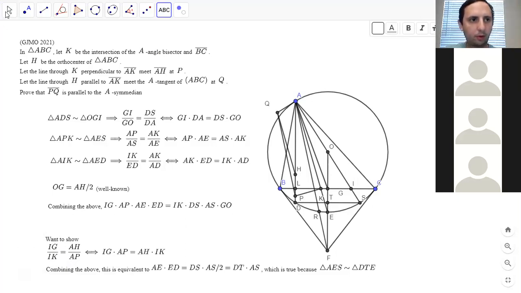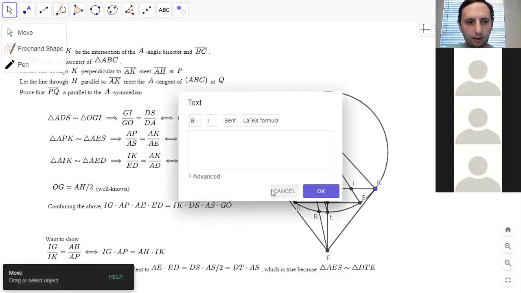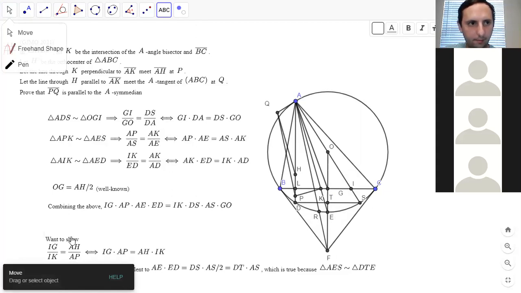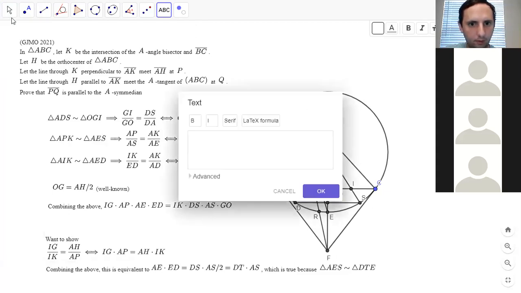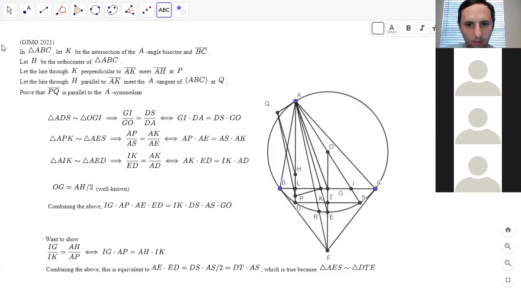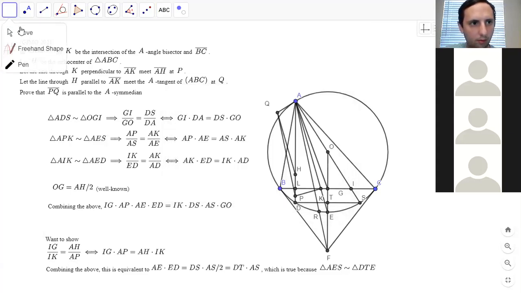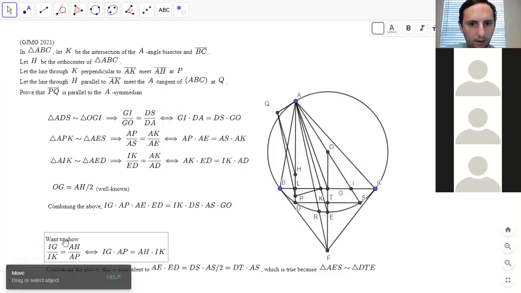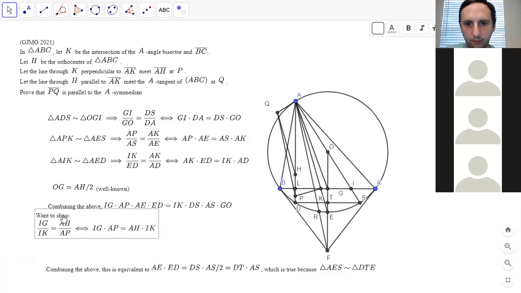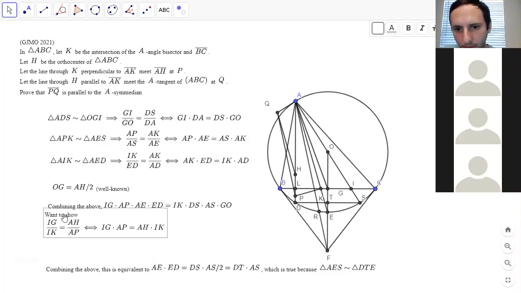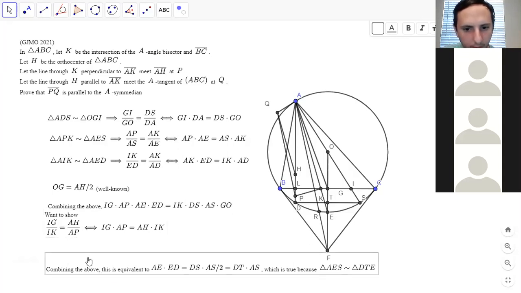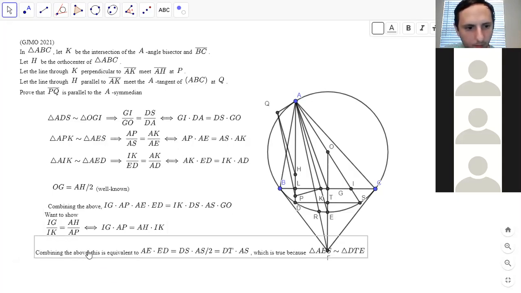Yeah, I mean, really, yeah. So once I've shown this, then that means that, so we have QAH is similar to AIK by an angle chase.